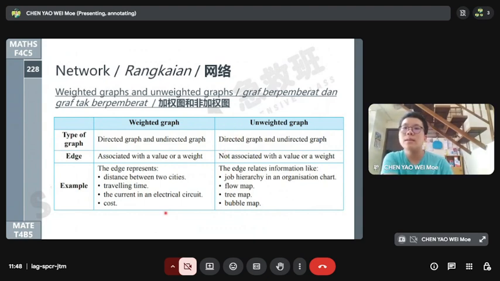For an unweighted graph, there is no value, no weight. Edges also relate to information like a flow map, tree map, bubble map. If you see any bubble map or tree map, the lines are called edges, and the vertices connected by the edges make up the graph.